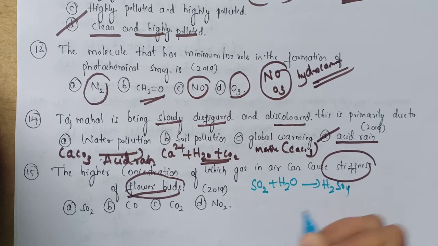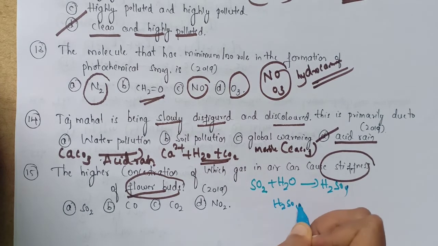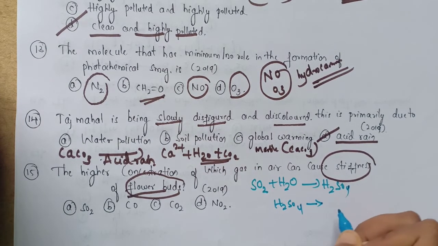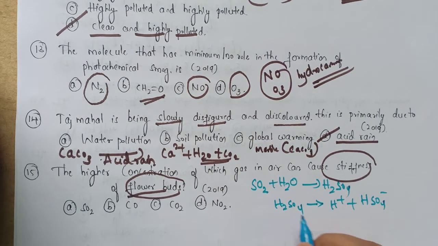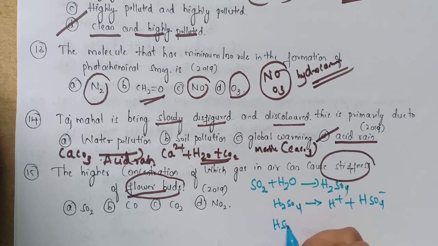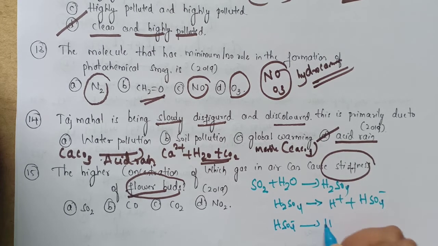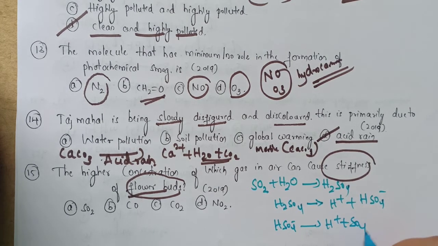When this H2SO4 further gives H+ and HSO4-, and then this HSO4- will give H+ plus SO4 2-.